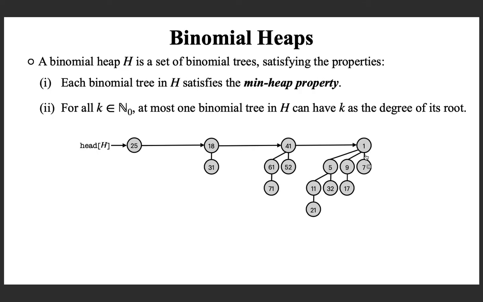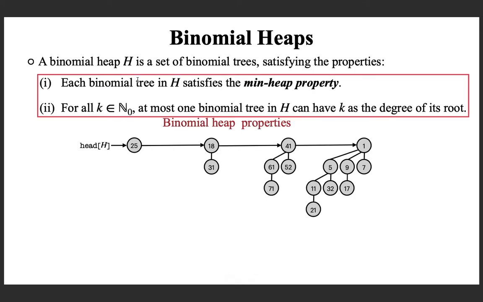Note that the degree of a binomial tree is the degree of its root node. When a finite set of binomial trees satisfies these two properties, that set is called a binomial heap. Hence properties 1 and 2 are called binomial heap properties.